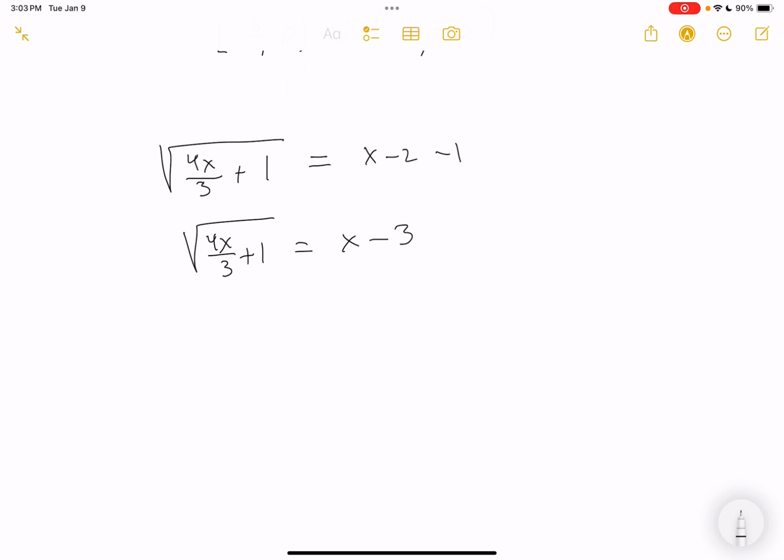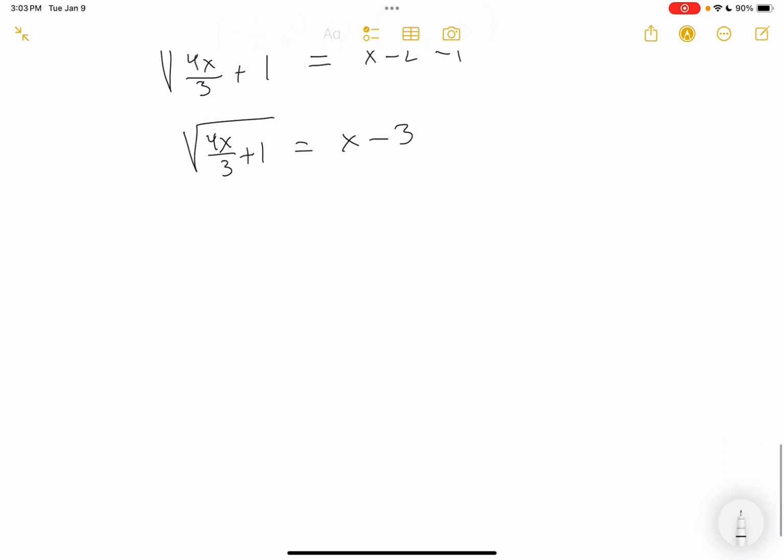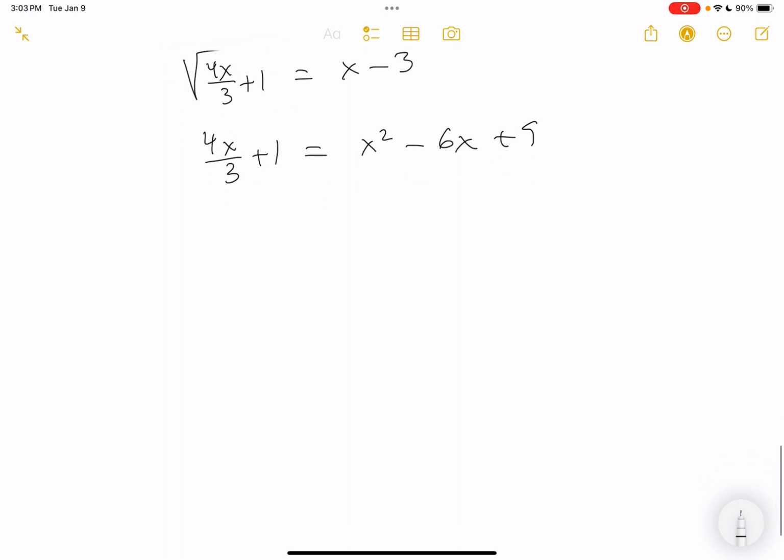And that would be x minus 3. I think what most students would probably do is square both sides. Get x squared minus 6x plus 9. I think what most students would do now is multiply both sides by 3. You get 4x plus 3 equals 3x squared minus 18x plus 27.